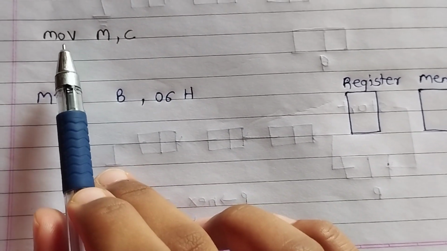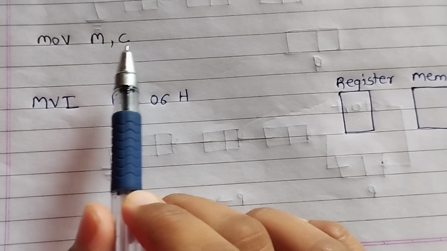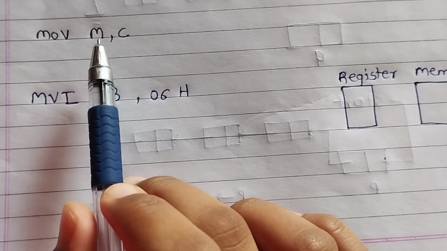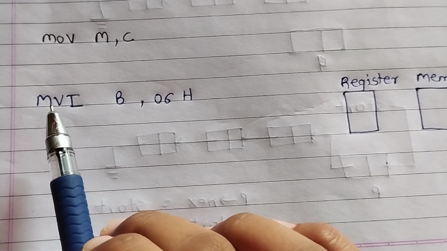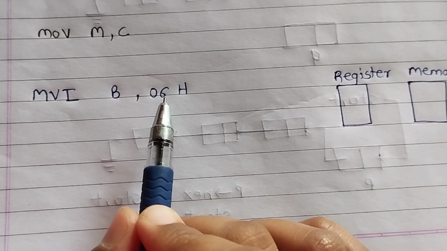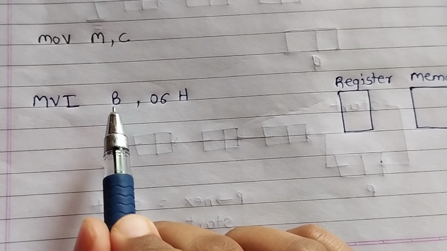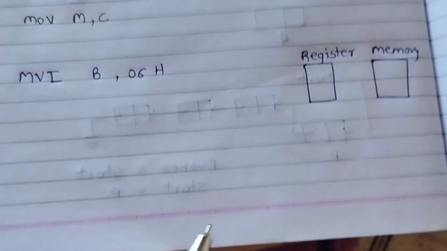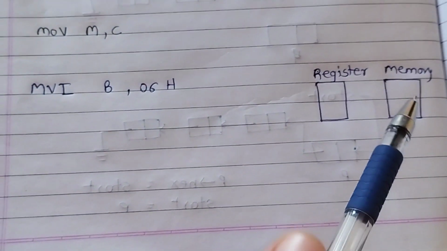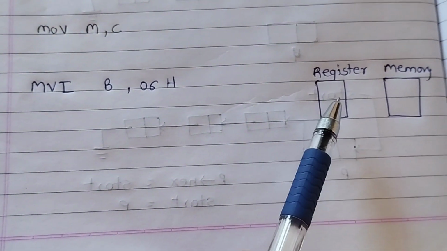Now MOV M,C means move the data of C to M, and MVI means move immediately 06 data to the B register. We transfer data from memory to register, which means we perform a read operation.